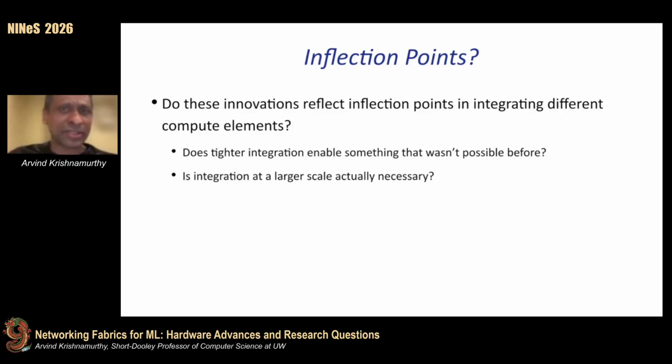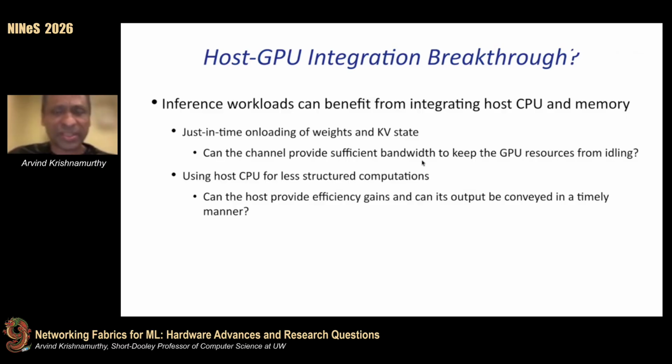So let me elaborate on this a bit more in the context of each one of these different types of networking hardware which is showing up. So consider, for instance, the host GPU integration. Is that a breakthrough? Clearly, inference workloads can benefit from integrating the host CPU's memory. And they might also be able to benefit from integrating the host CPU's computing capabilities.